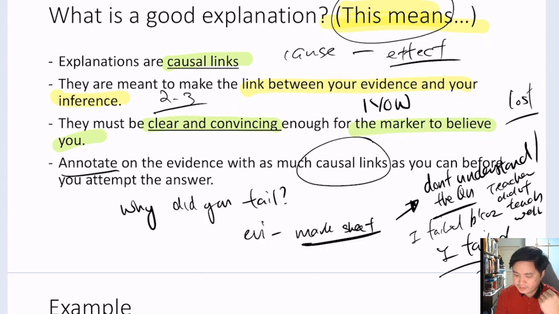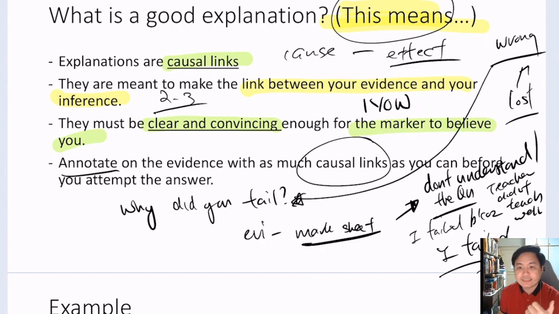And hence, because I got lost, I got the answers wrong. And because I got the answers wrong, that is exactly why I failed. So causal links are very important in your explanation. If you don't have them, I'm afraid we cannot give you full marks or even a passing mark for some questions. So make sure you have the causal links down, clear and direct.